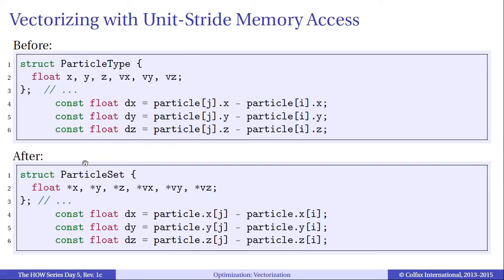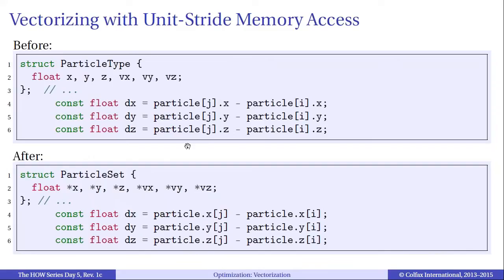Now, instead of that, I will create one structure that contains arrays. So this, for Fortran programmers, asterisk x, well, this is a pointer to an array. In Fortran, this is an equivalent of just declaring 6 arrays. One array for x, one array for y, one array for z, and so on.